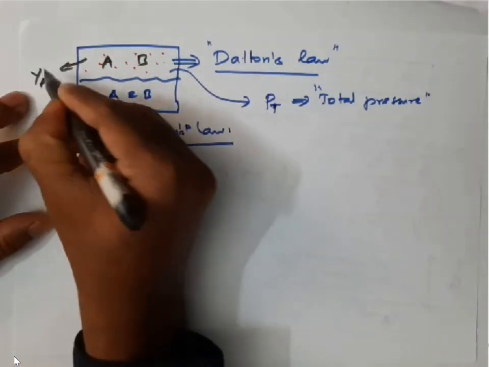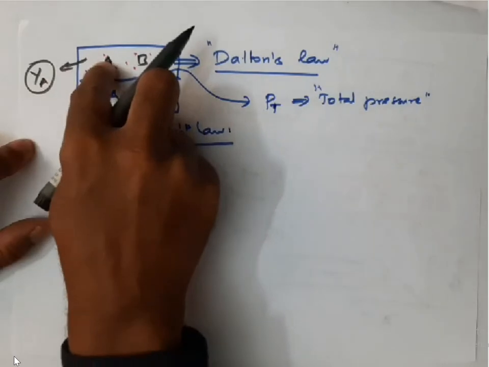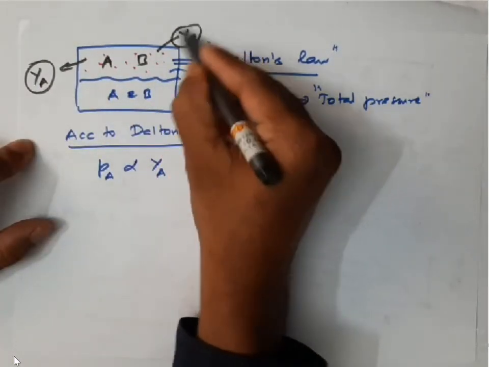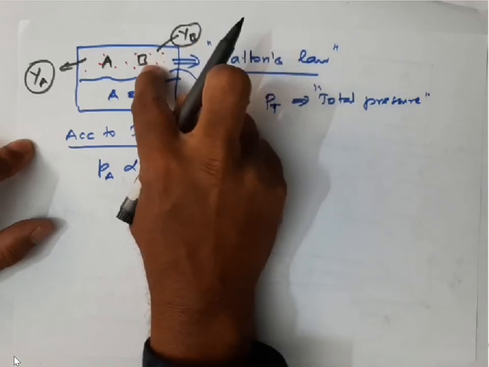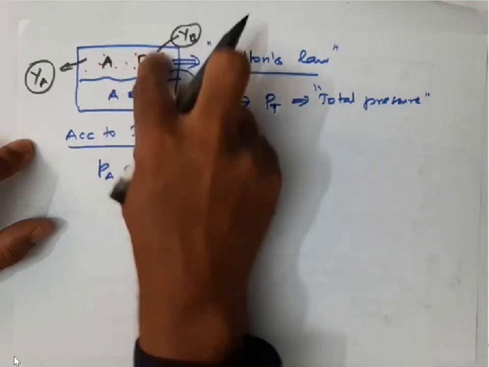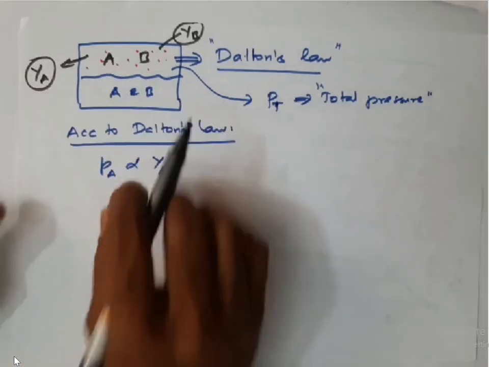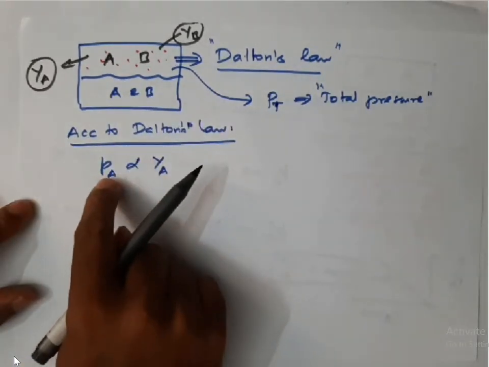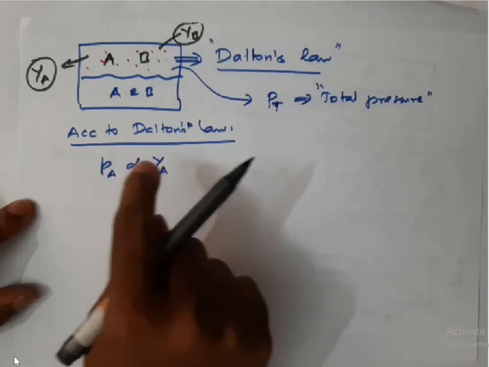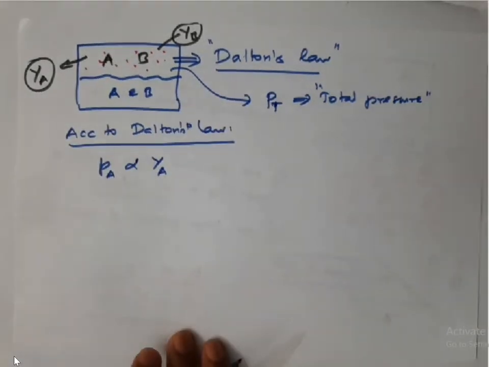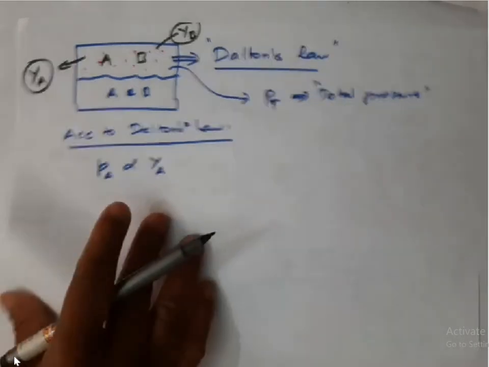YA is the mole fraction of A present in the vapor phase, and YB is the mole fraction of component B in the vapor phase. So in Dalton's law, we are relating the partial pressure of component A with the mole fraction of component A in the vapor phase.